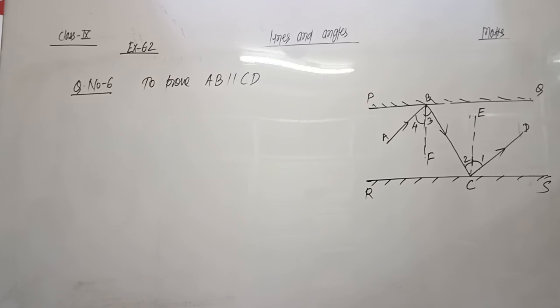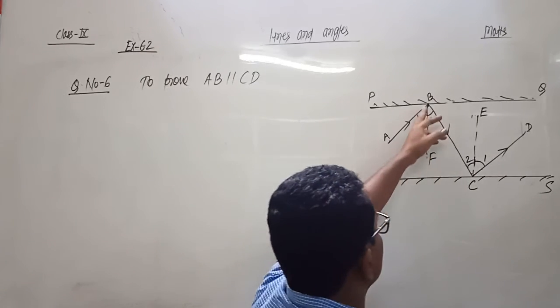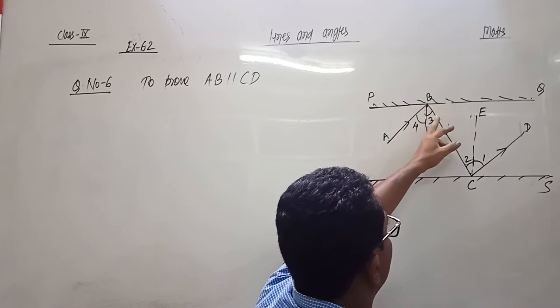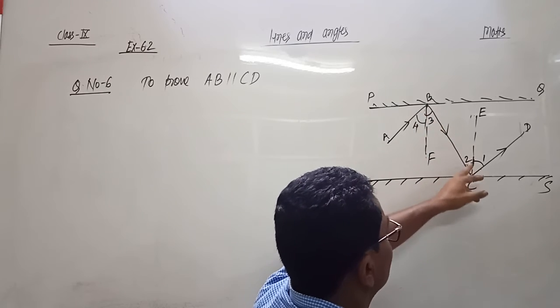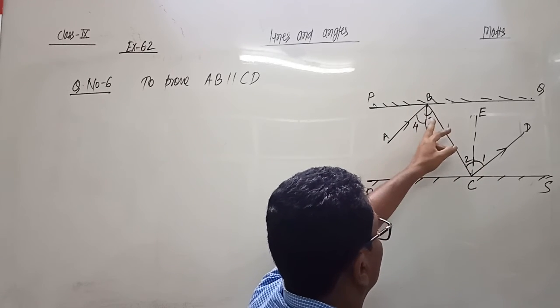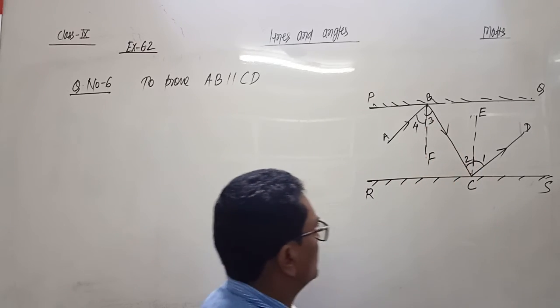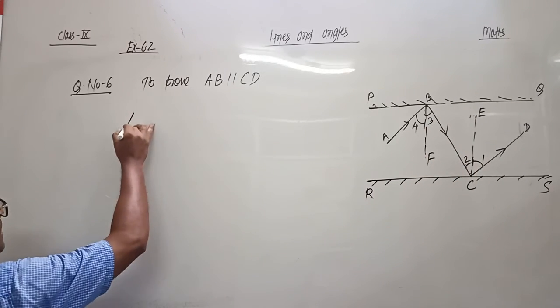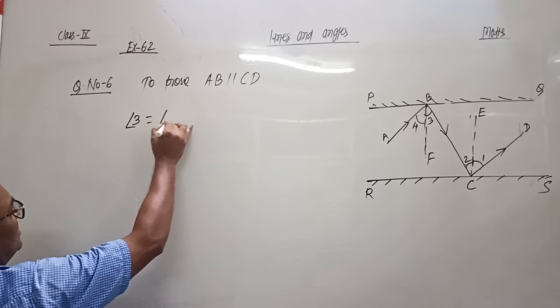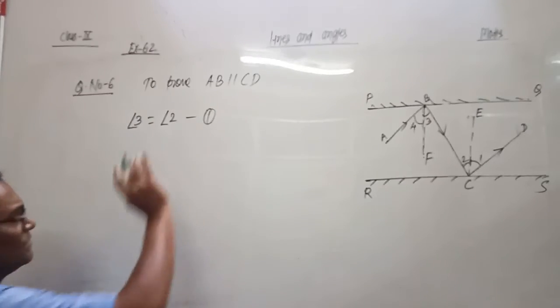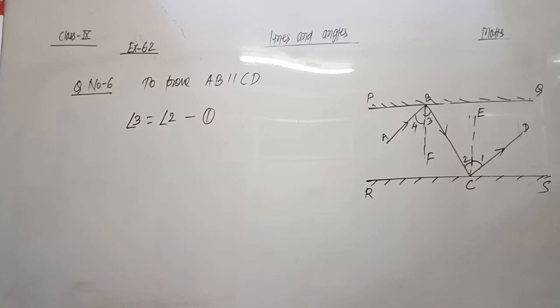So angle 3 is equal to angle 2, because angle of incidence equals angle of reflection. This is the first equation.